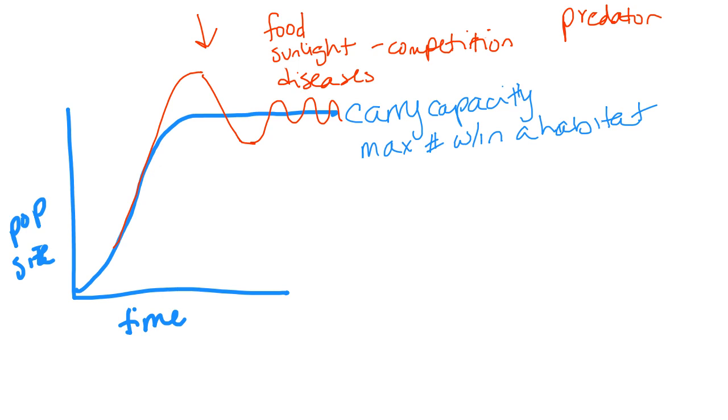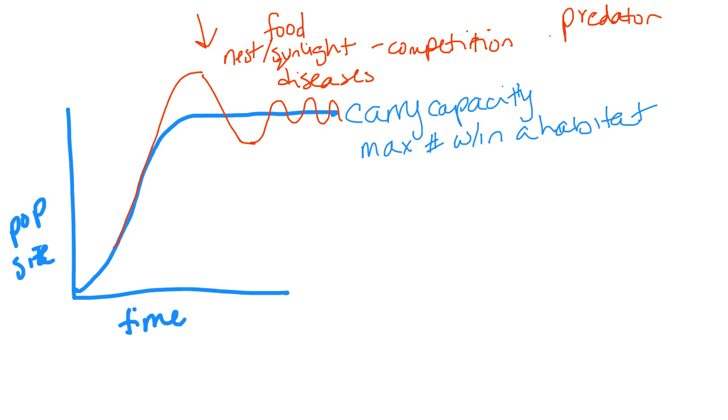So all of these things, food, competition, it could be for sunlight, for nesting places, for burrowing spots, all of those, just competition for resources, diseases, predation, will come in, and as a population gets too big for its carrying capacity, it can push it down. If you look, food, competition, diseases, predators, these are all living things.